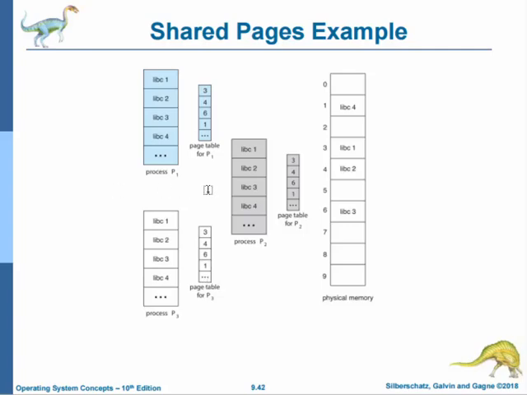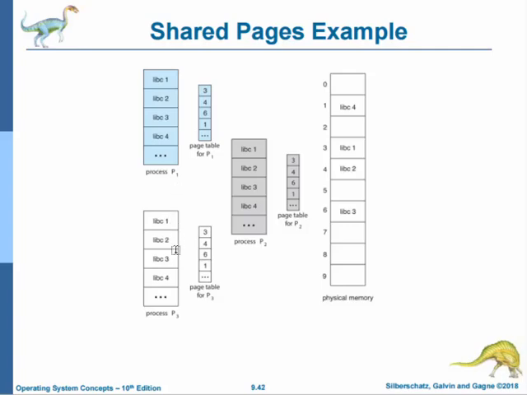Although the figure shows the libc library occupying 4 pages, in reality it would occupy more. The reentrant code is non-self-modifying code. It never changes during execution.